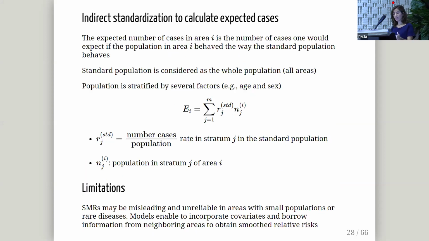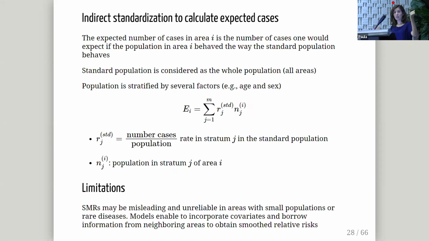So to calculate the expected cases, we use this formula. Imagine that we are analyzing a disease that affects old people, for example, Alzheimer's, and we have 2 municipalities with the same number of people. In one municipality, everybody is very old, and in another municipality, everybody is very young.